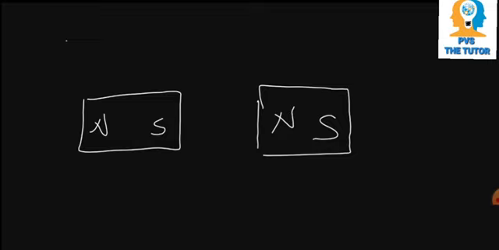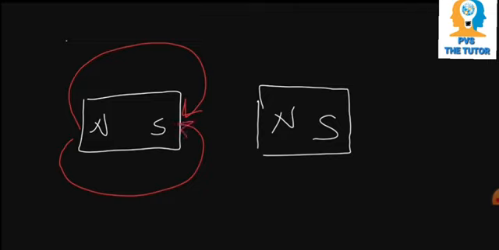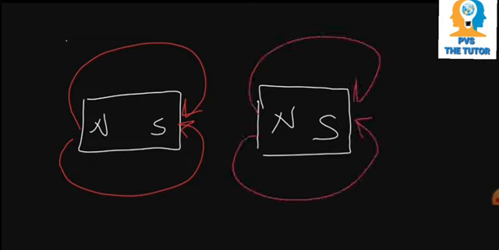All these lines are going to move from the north going to the south. Now see how I can do this. From north going to south, from north going to south, also from north going to south, also from north going to south.